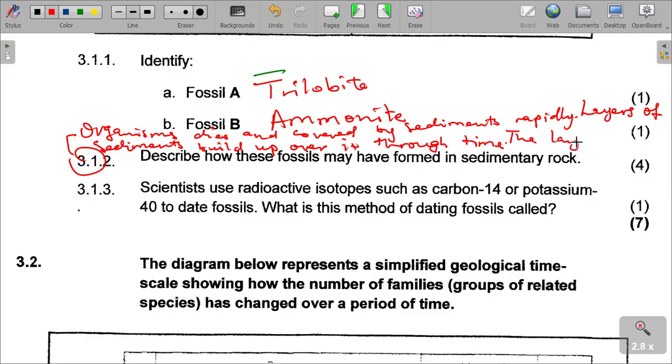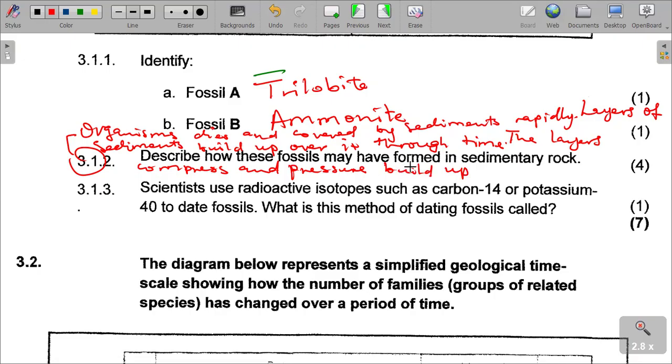The layers compress, and pressure builds up.